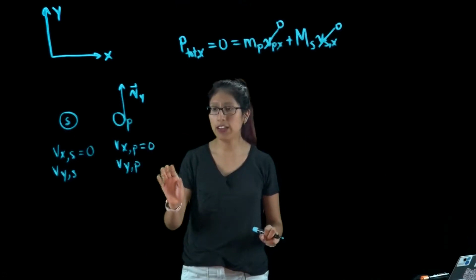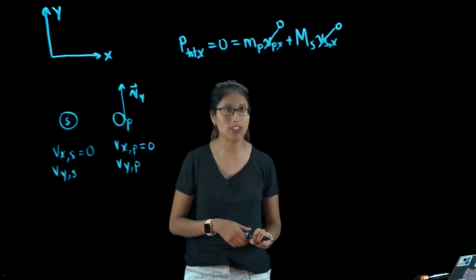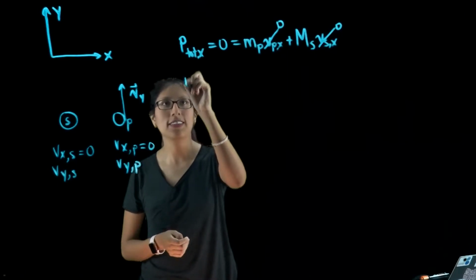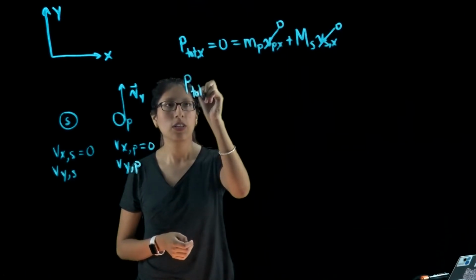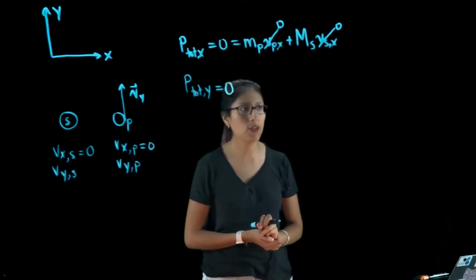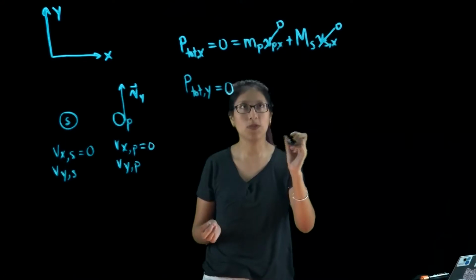Now we want to figure out the velocity of the sun and the planet in the y direction. So we're going to do the same thing. So momentum total, again, in the y direction. We want this to equal 0, and we're going to write the same thing above, just for the y direction.